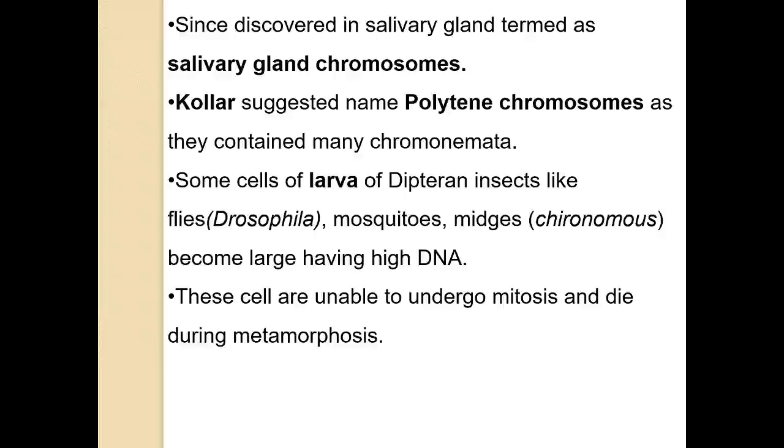Mitosis is a cell division, an equational division, in which a single cell is divided into two cells having the same amount of chromosomes and nuclear material. But here the larval cells don't undergo mitosis, and that's why during metamorphosis, meaning during conversion of larva to adult, those cells die.